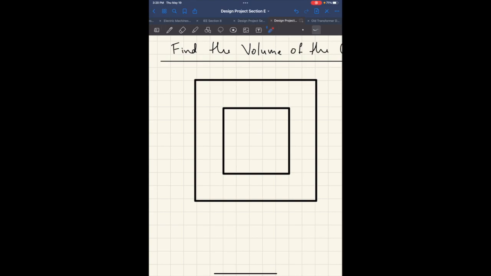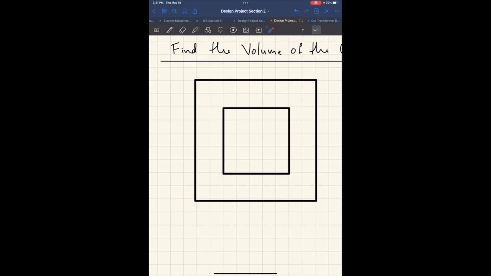Now, as you saw, we have a lot of turns that we have to do. So we need to make sure that when we're done wrapping all the turns on top of each other, this space, which is called the window, is not completely blocked. We want to make sure that the window has a little bit of space. Ideally, we want to take up only 75% of the window.